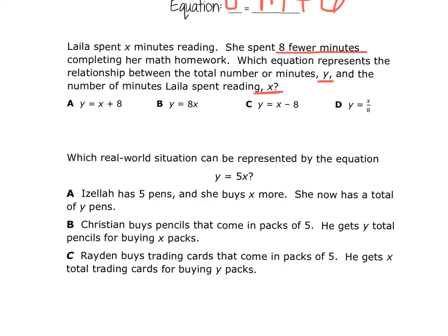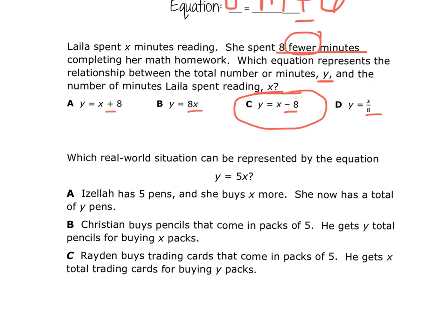So here we definitely see a key word. We see the word fewer. So I need to ask myself, does the word fewer mean add, multiply, subtract, or divide? And we know that the word fewer means subtract, so I would choose C as my answer just by looking at the key words. Okay?